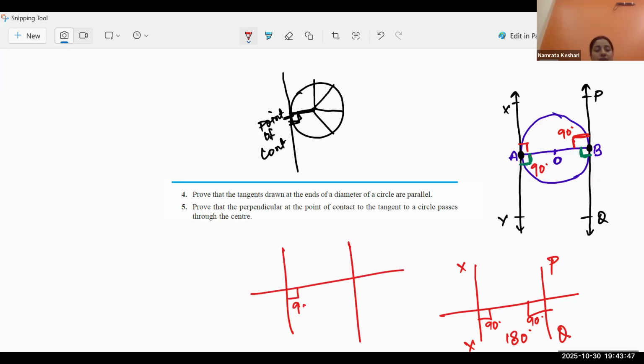If this angle is 90 and this is also 90, it looks like a pair of alternate interior angles. And if these two are the same, then the lines must be parallel to each other, right?